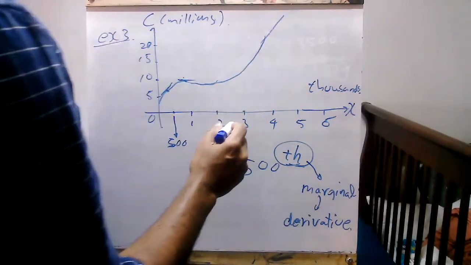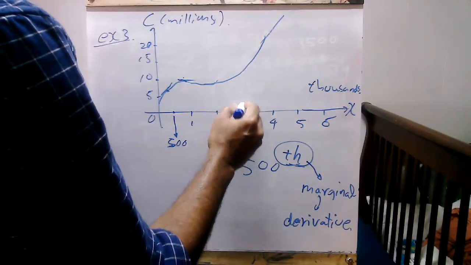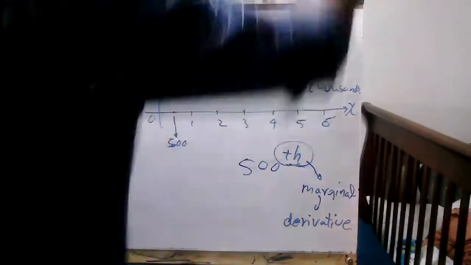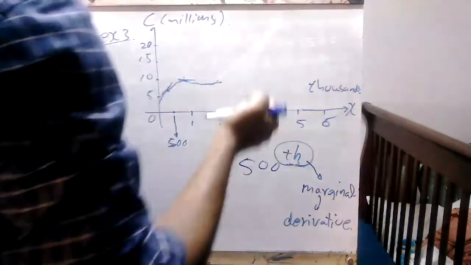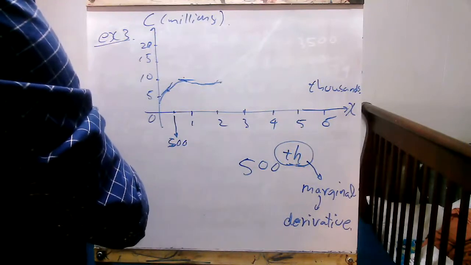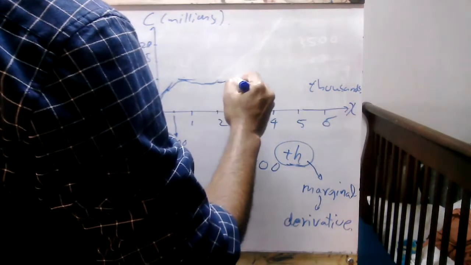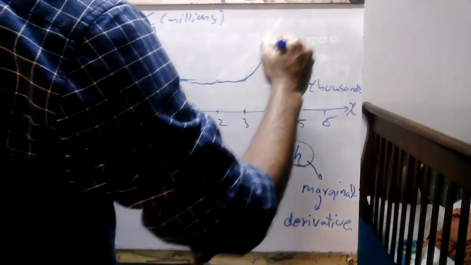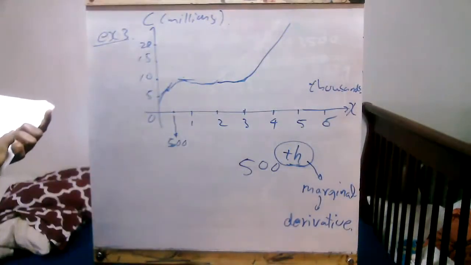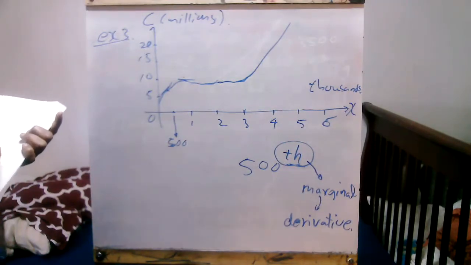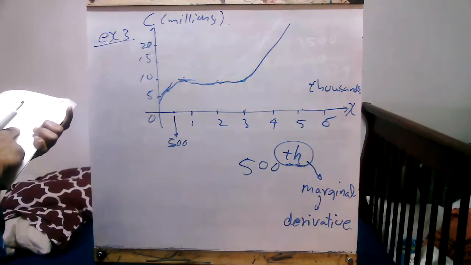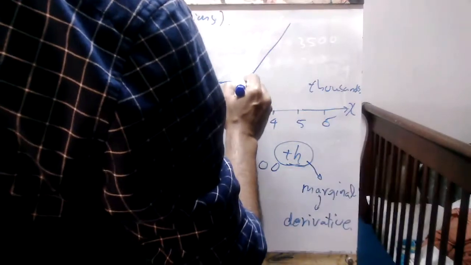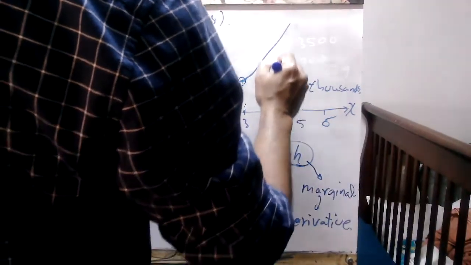The 3000th item again is here. 3,000 is somewhere here. 4,000 is somewhere there.